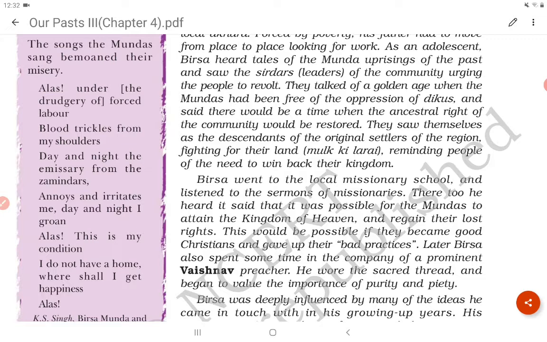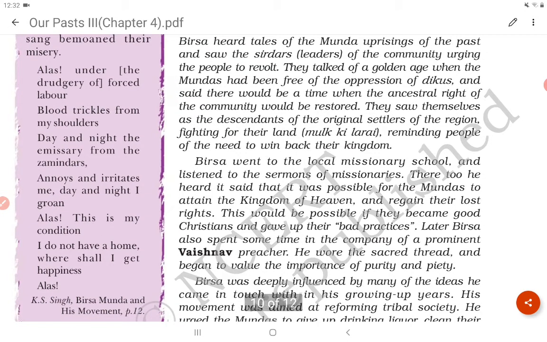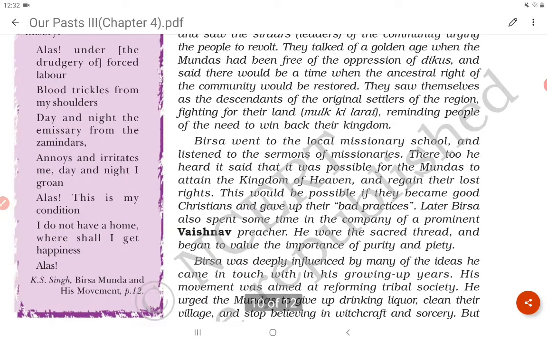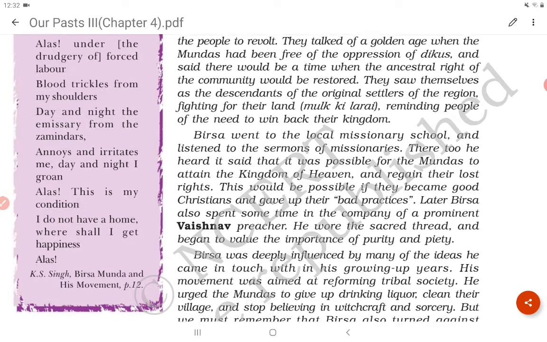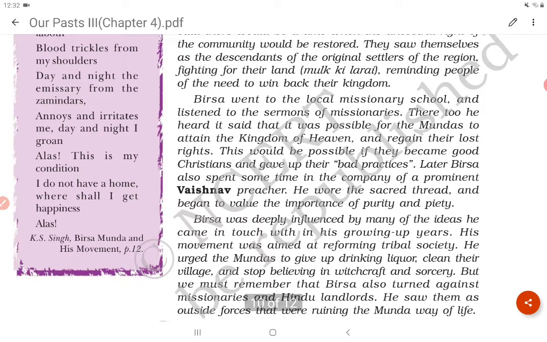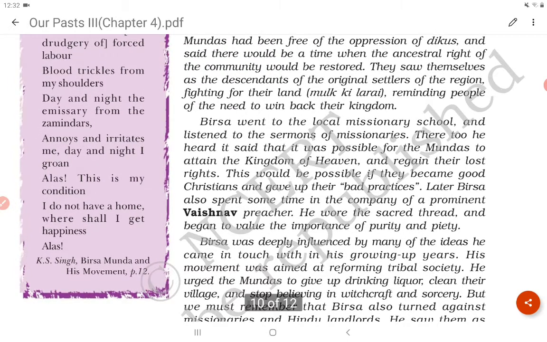Day and night the misery from the zamindars annoys and irritates me. Day and night I groan. Alas, this is my condition. I do not have a home. Where shall I get happiness? Alas.